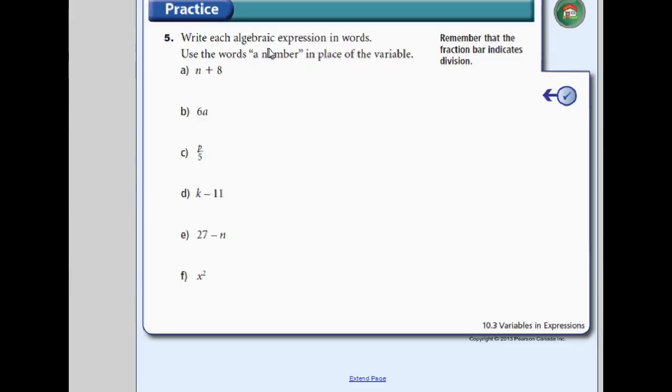Now in this case we're moving to write it in words. So we're starting with numbers and we're moving to words, and it says use the words a number in place of the variable. So the variable is n, so we have a number. And you can say various things. So you could actually just say a number plus 8, or a number added to 8.